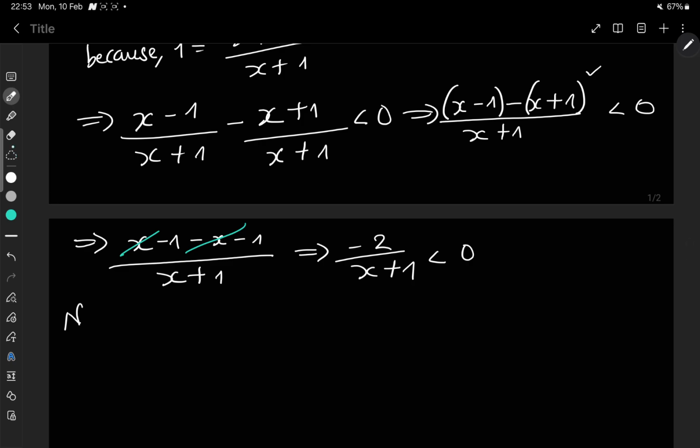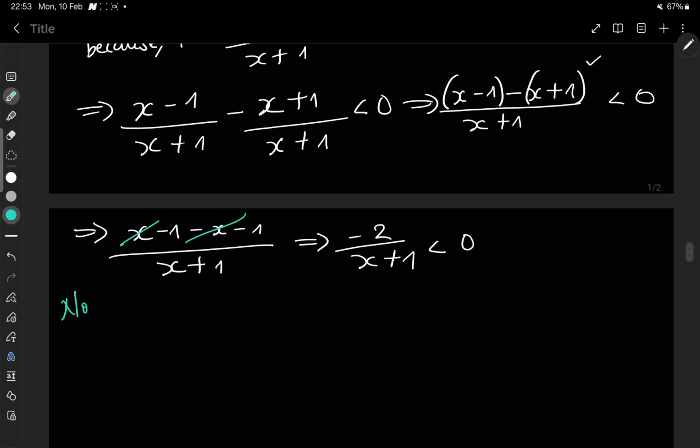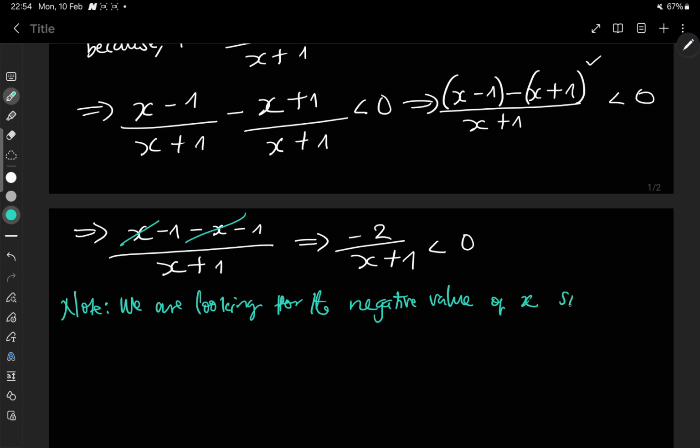Note that we are looking for the negative value of x, since the inequality sign shows less than 0.